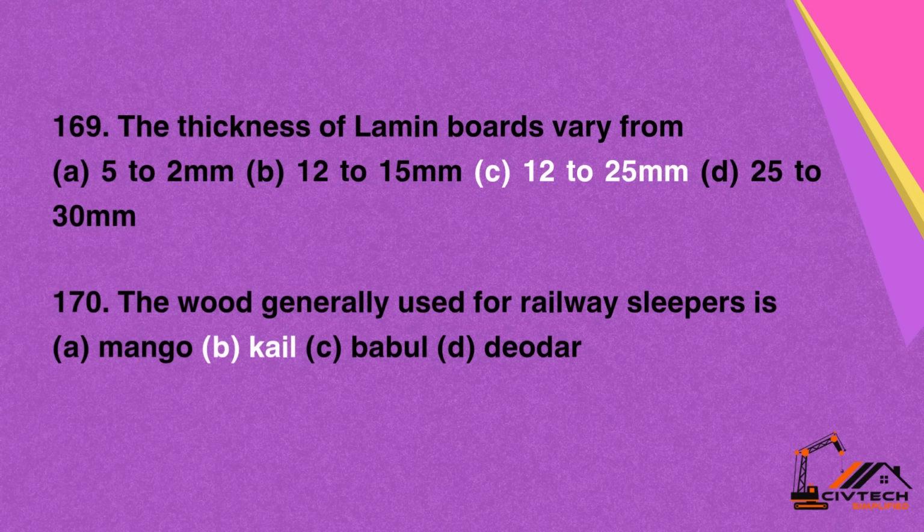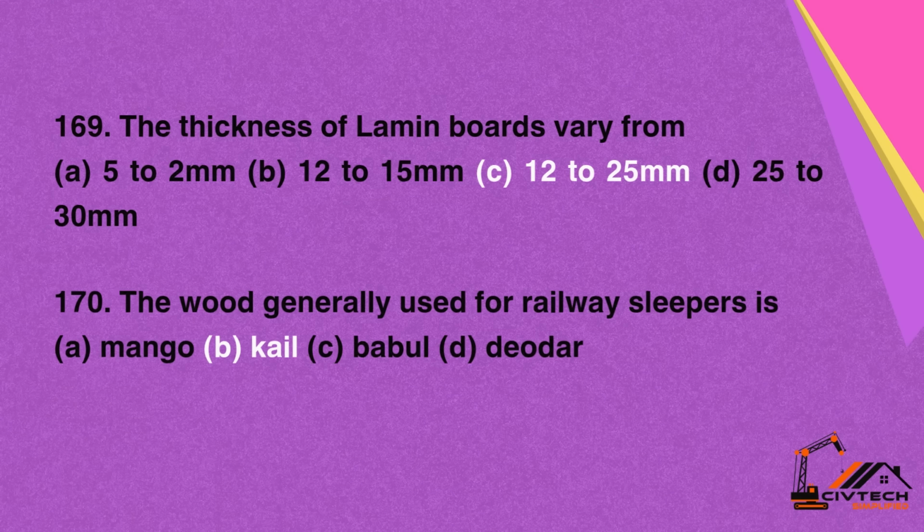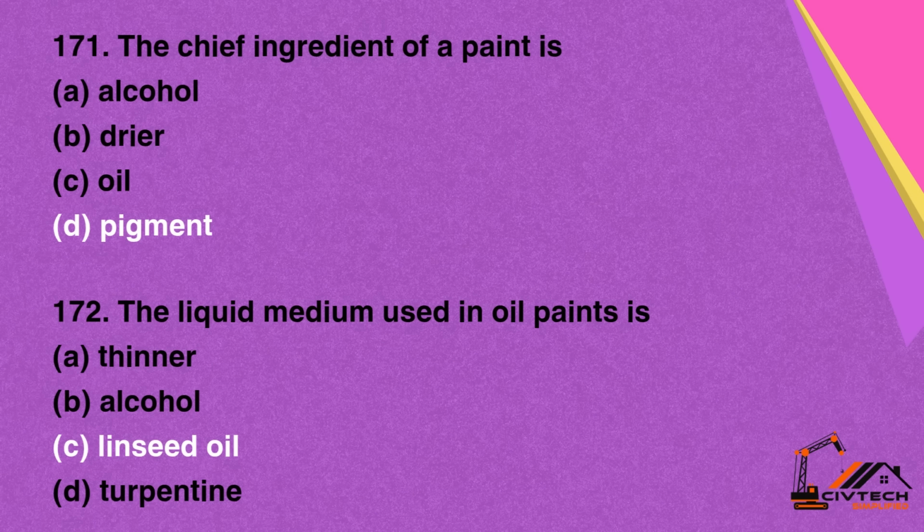170. The wood generally used for railway sleepers is A. Mango, B. Kail, C. Babul, D. Deodar. Correct option. B. Kail. 171. The chief ingredient of a paint is A. Alcohol, B. Dryer, C. Oil, D. Pigment.